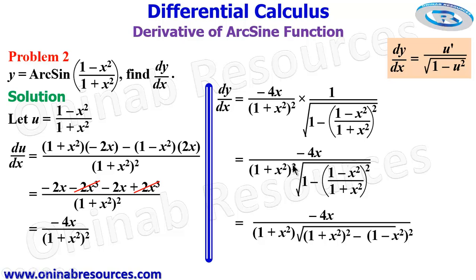Since we remove one of these, I will now be left with 1 plus x squared, which means the denominator has gone. So I'm only left with making it a single fraction. I have 1 plus x squared all squared minus only the numerator here squared, which is 1 minus x squared all squared. And that's all for the solution of this problem.